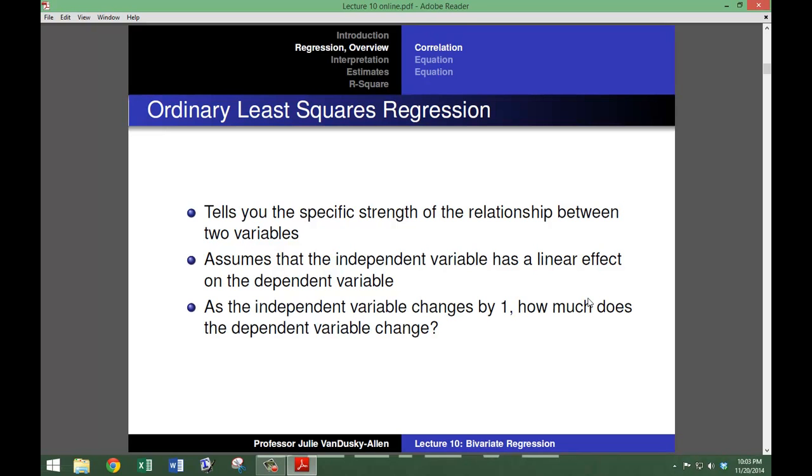Therefore, a change in the independent variable at small values and a change at higher levels of the independent variable have the same effect on the dependent variable. Ordinary least squares regression also tells us how much the dependent variable changes as the independent variable changes by 1.